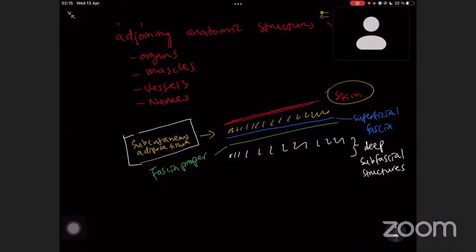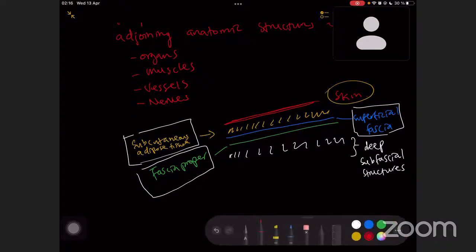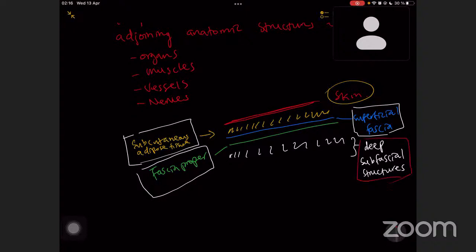Then you have the superficial fascia, then the proper fascia, and then the deep structures, which can be organs and so forth.